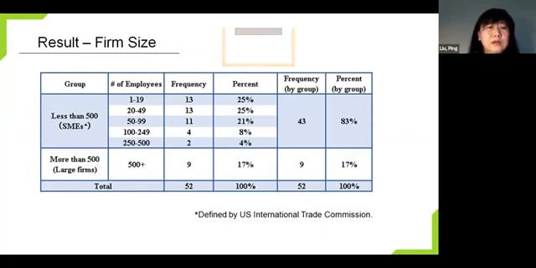So hereafter, we will refer to companies with less than 500 employees as SMEs, and more than 500 employees as large firms. Among our respondents, 83% are SMEs.